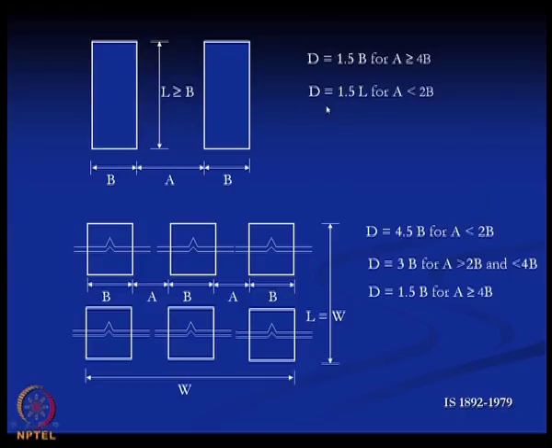Another one: the depth of boring is 1.5 times L for A less than twice B. So, this is one condition.